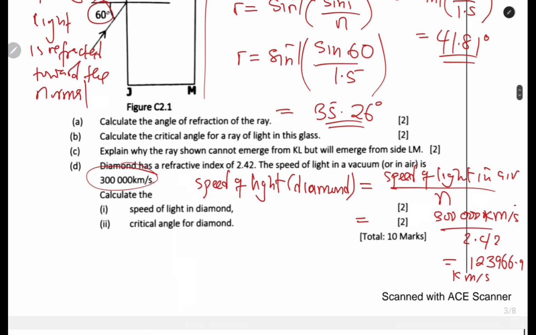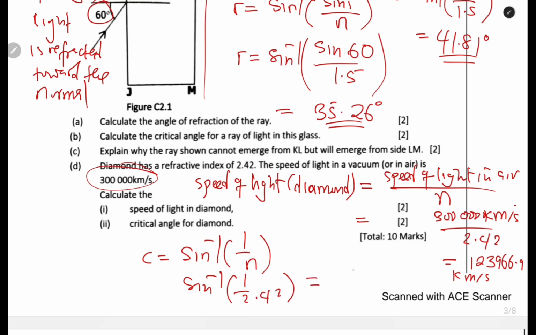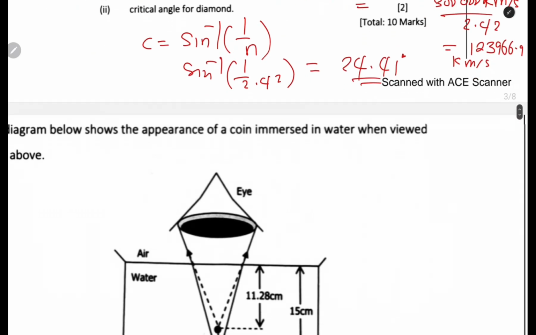Okay. Then critical angle for the diamond. So critical angle is equal to sine inverse of 1 over refractive index. So we have sine inverse of 1 over 2.42. And if you find the angle here, you're going to find 24.41 degrees as the critical angle.